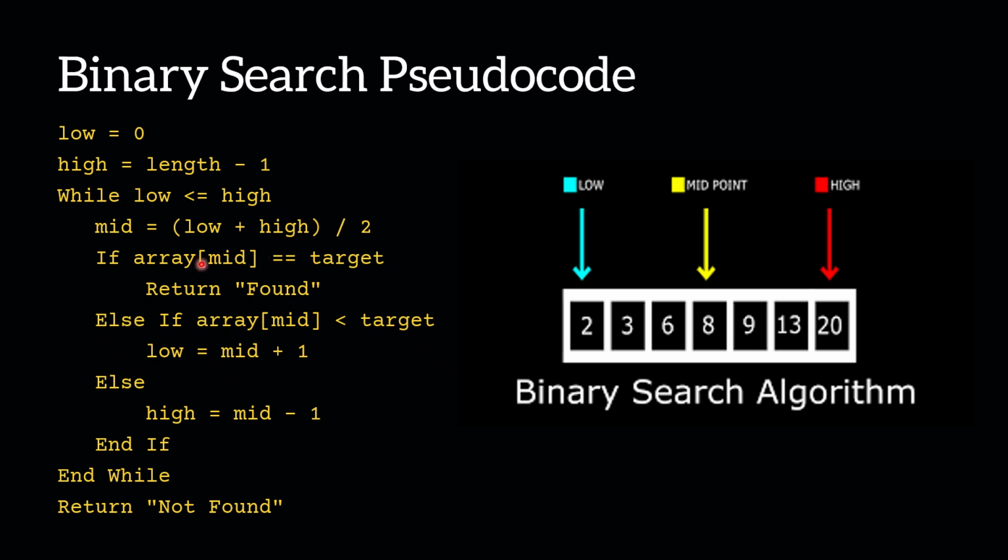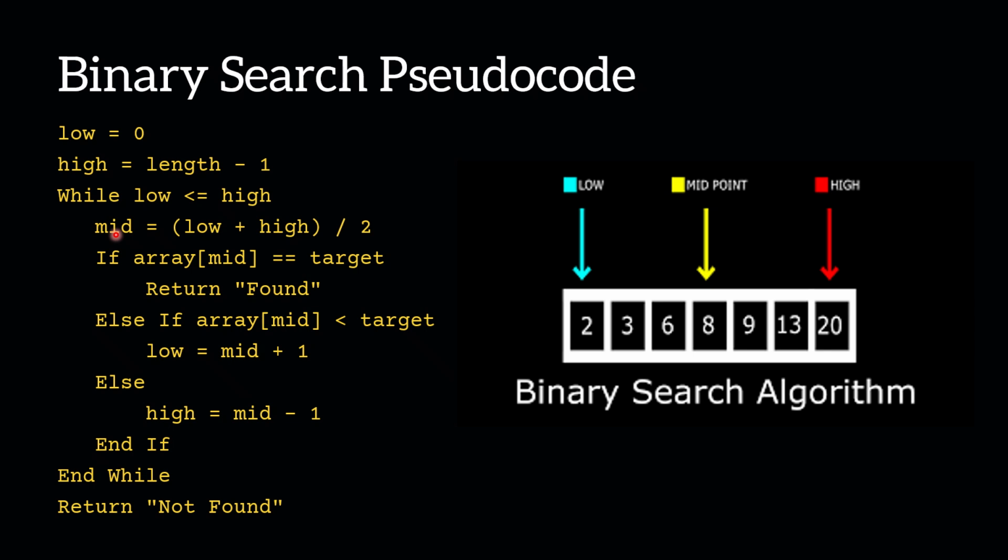The next step is to find the middle of the range. That's this line here. It finds the middle index between low and high. The idea is instead of checking everything, we jump straight to the middle and see if the target is before or after that point.